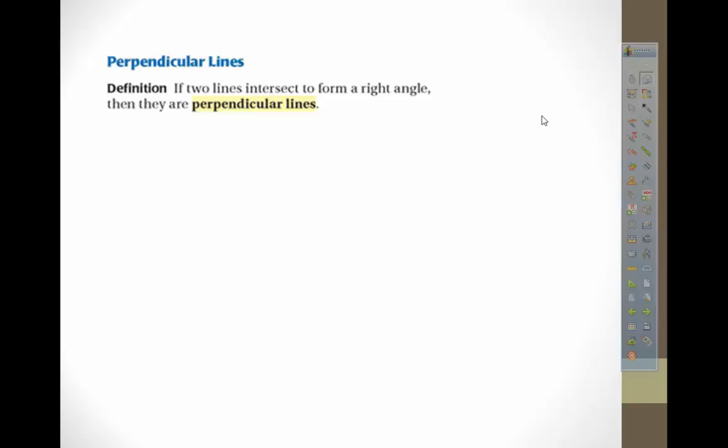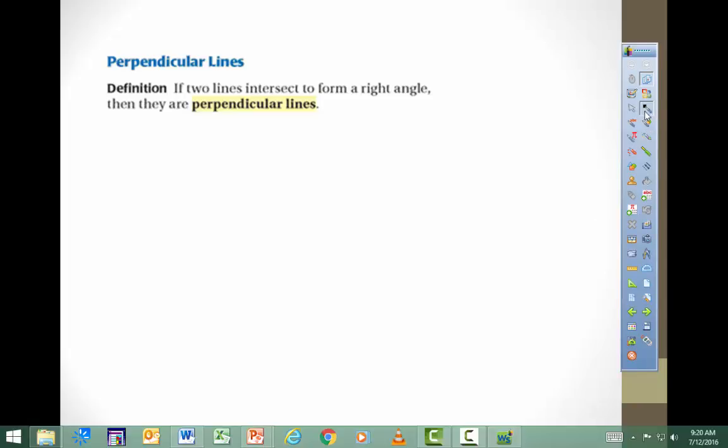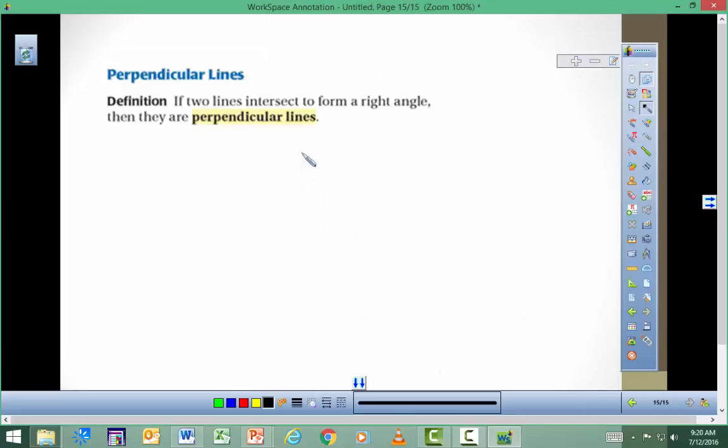Alright, so we have a new definition thrown in this lesson. I'm not sure why it goes here, but in any event, we will deal with it right now. If two lines intersect to form right angles, then they are perpendicular lines. So, maybe we could draw a picture of this. If two lines intersect to form a right angle.